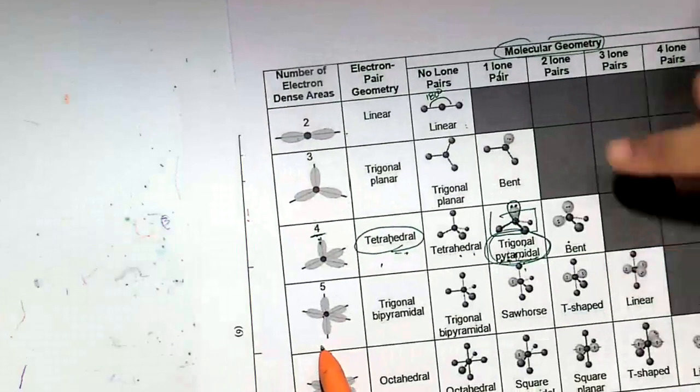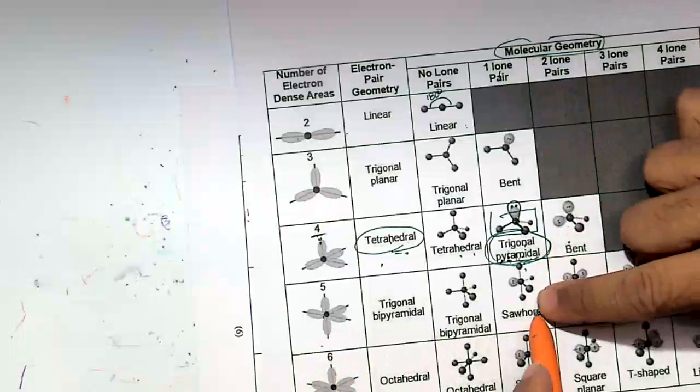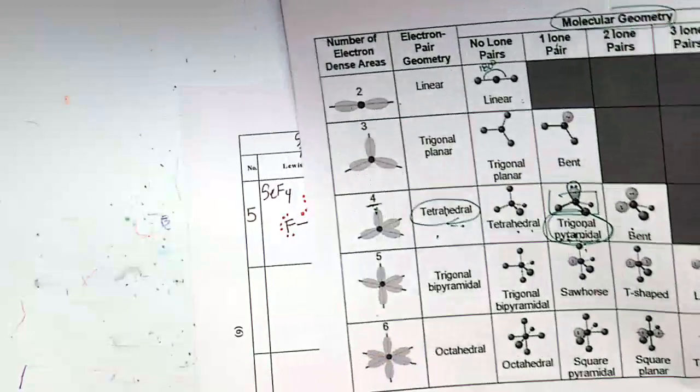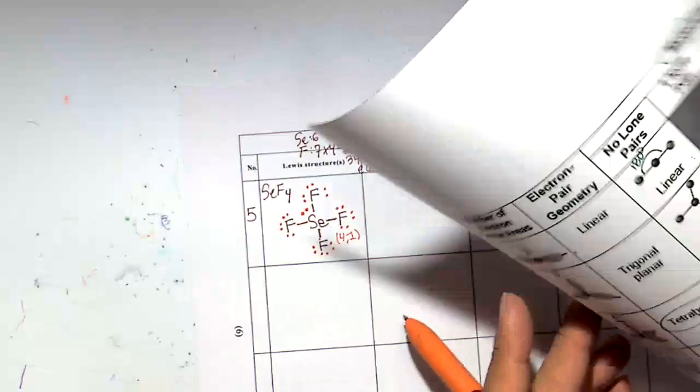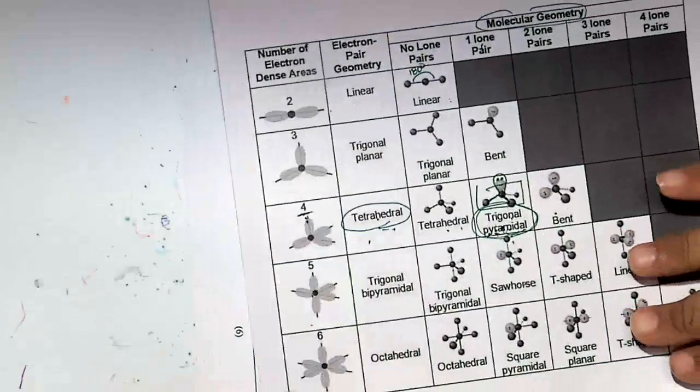Out of 5, how many of them are lone pairs? Sawhorse. Yes, sawhorse. So how will we draw a sawhorse? Actually, we should make a sawhorse there.